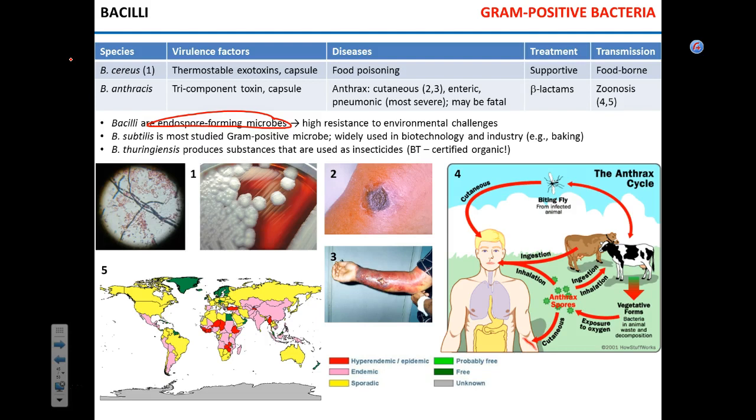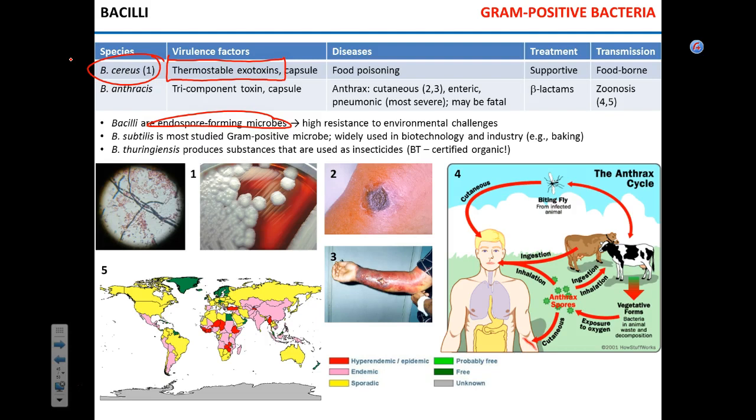And the first species that I want to chat with you about is Bacillus cereus, which produces thermostable toxins. Let's decipher. What is toxin? If I ask you a question and I don't say that it's complicated, then it's simple. What is toxin?